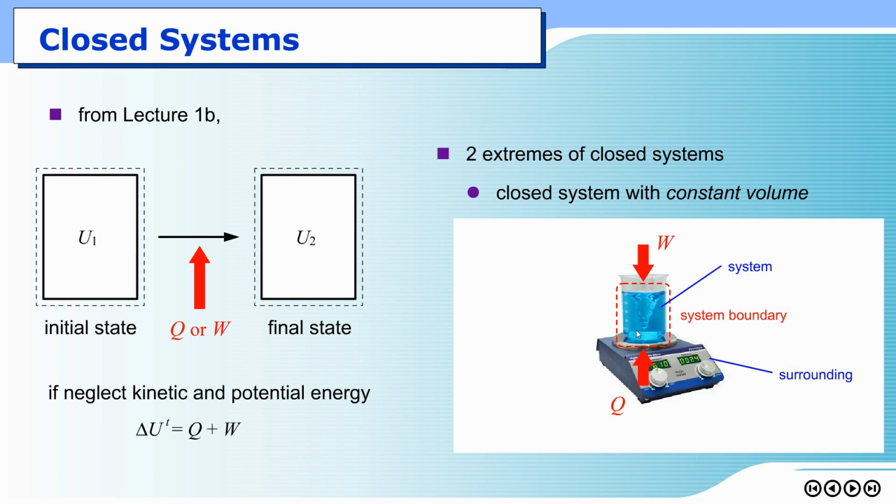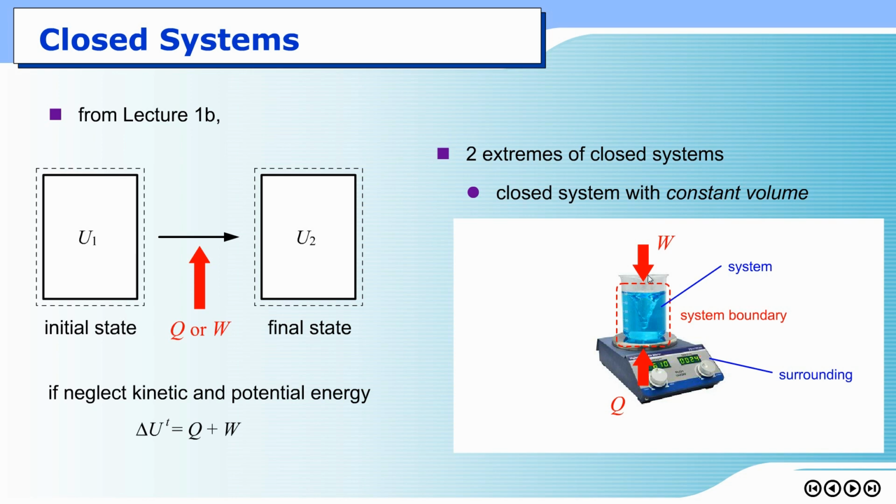Okay. If we recall from last lecture, there are two kinds of mechanical work. The first one is called expansion work. The second one is called non-expansion work. If we look at this picture, as I stated earlier, the volume of the liquid does not change, so there is no expansion work in this case. The stirring action here is called non-expansion work.